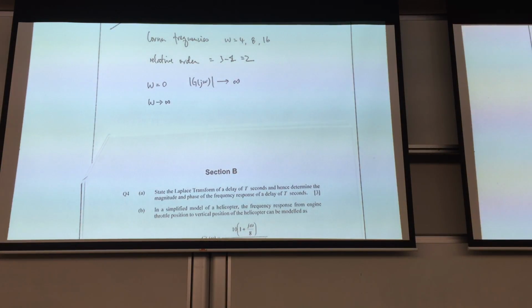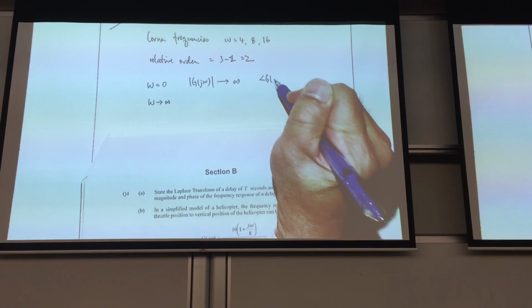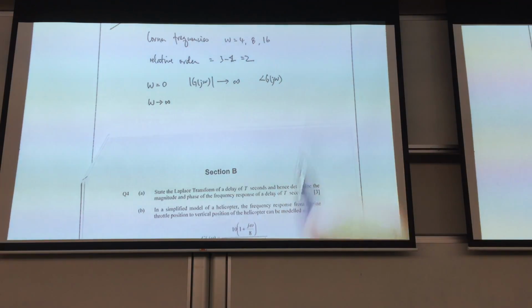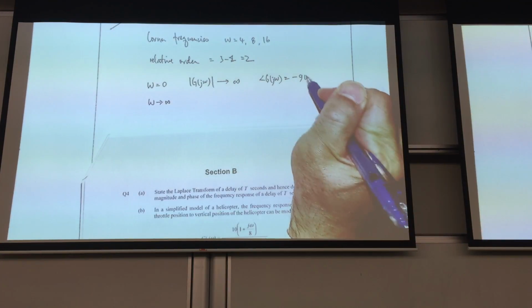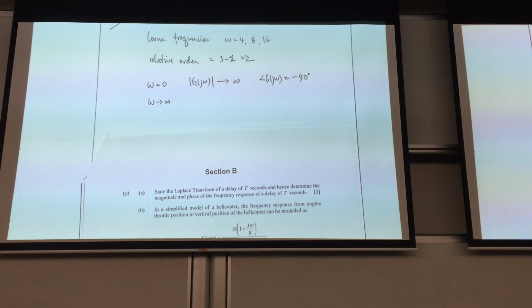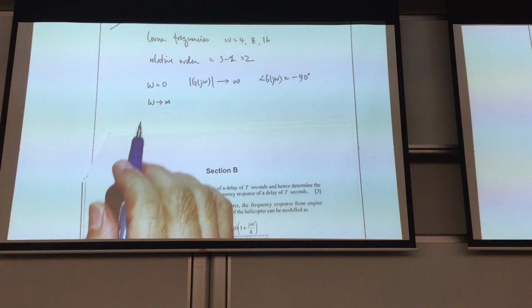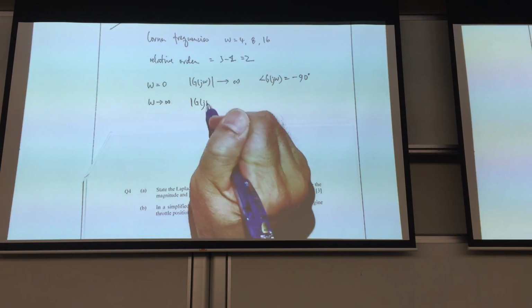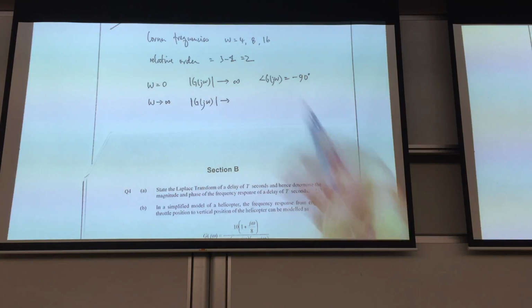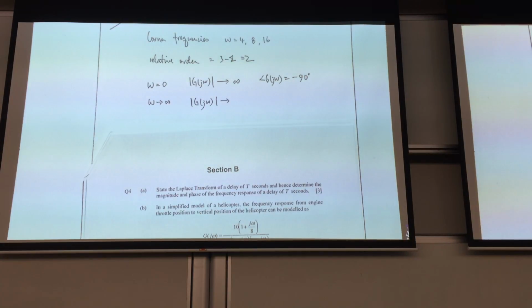And your angle is controlled by the number of integrators in the system, in this case minus 90 degrees. When frequency approaches infinity, what will be the magnitude? Before, when we talked about the transfer function, I mentioned a strictly proper and a proper system.